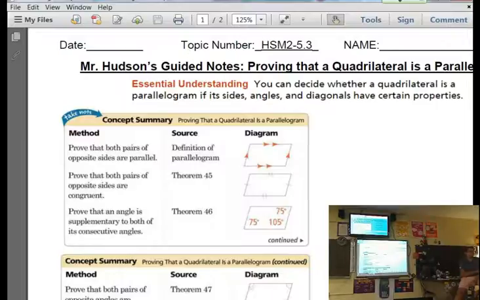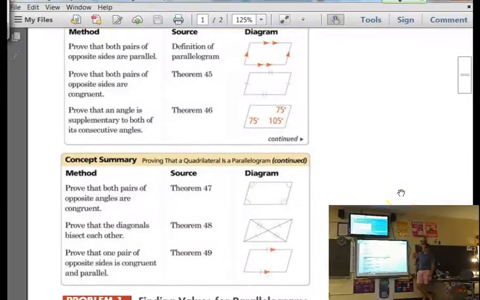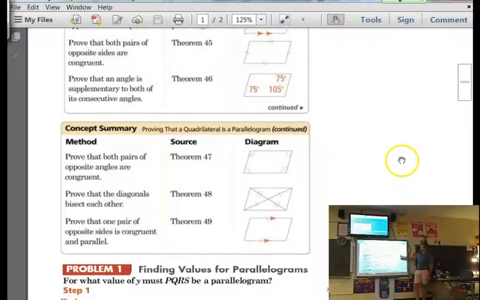on other things. So now that I have your attention, definition of parallelogram, we know that. Theorem 45 is talking about the congruent opposite sides. Theorem 46 is talking about the congruent opposite angles and the supplementary angles. It actually is talking about the supplementary, which then proves the congruent angles. So theorem 47 is actually a derivative of theorem 46. Any questions on why we did this yesterday?